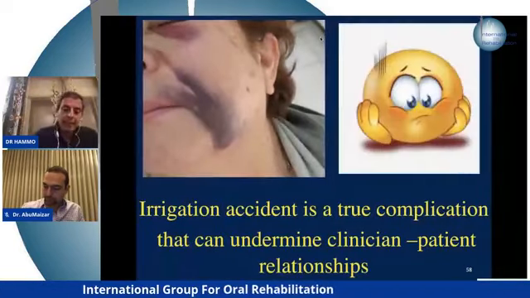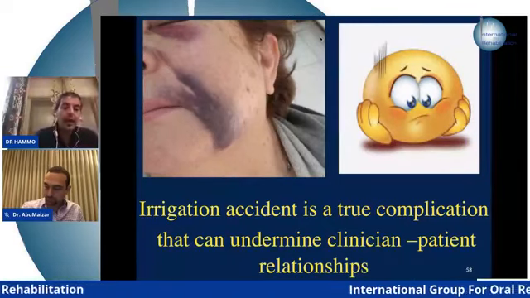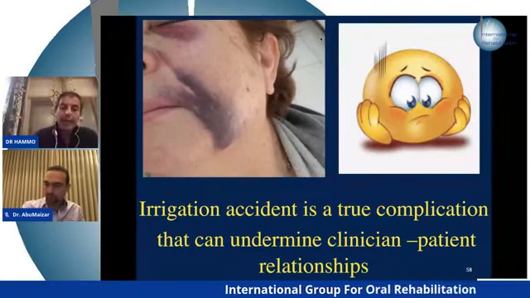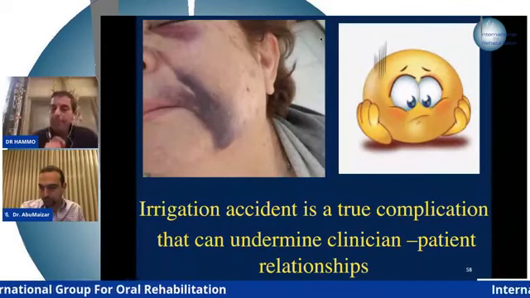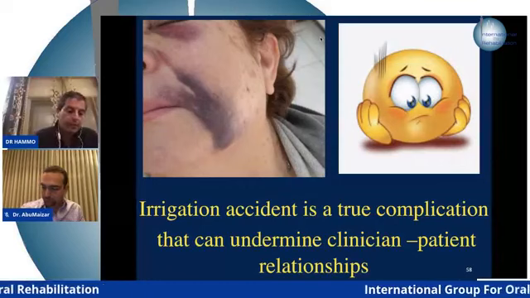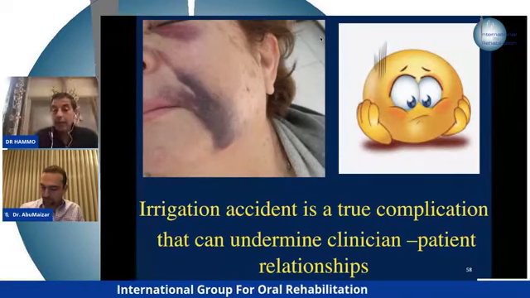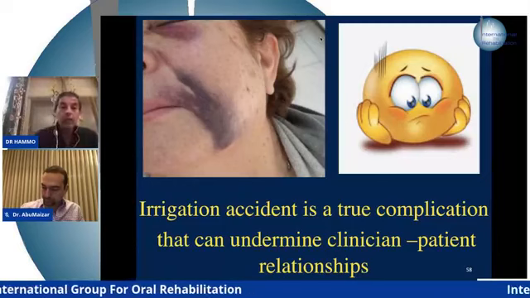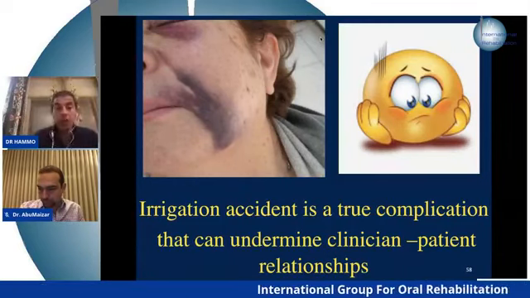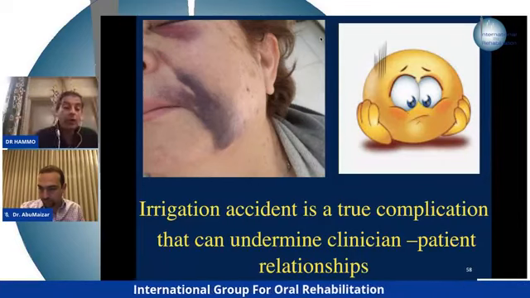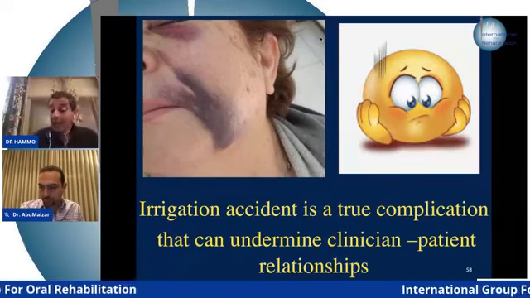Irrigation accident is a true complication. I think it is a nightmare, and it will undermine the clinician-patient relationship. So sometimes your patient might come to you on the second day or the third day, and you can see his face discoloration and the change of color, and he will be angry and surprised why it happened.